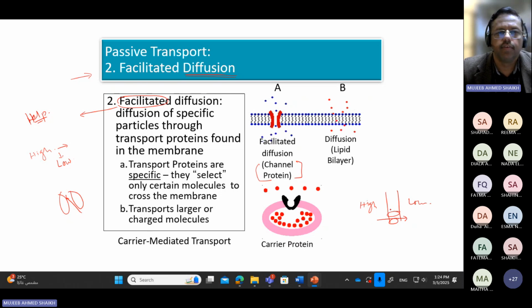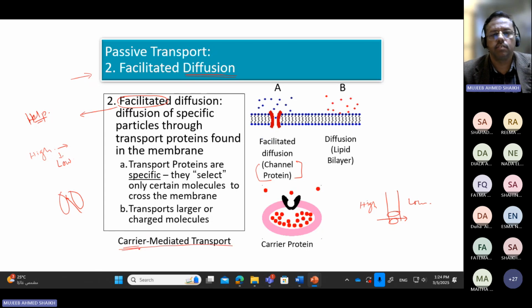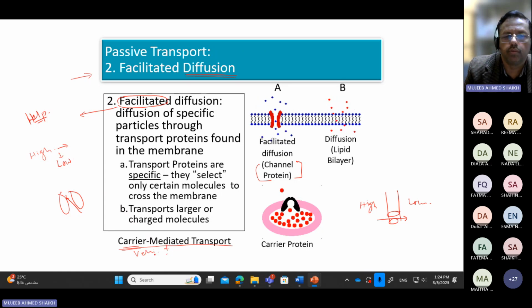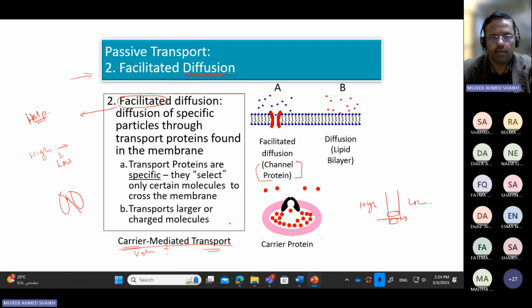This is called facilitated diffusion, or another name is carrier mediated transport. Carrier is something which is carrying, like a vehicle, and mediation means through. So with the help of a carrier, the transportation is taking place. This is called the carrier mediated transport mechanism, facilitated diffusion.